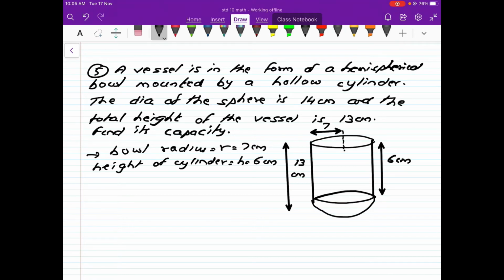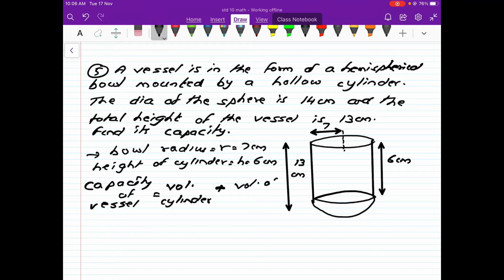So, what is the capacity of the vessel? It is given by the volume of the cylinder plus the volume of the hemisphere.